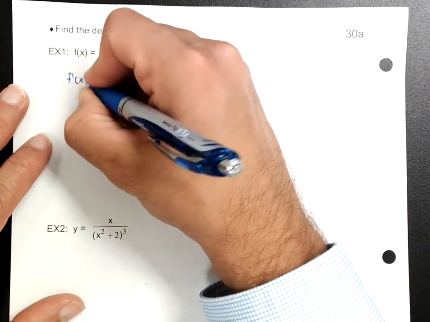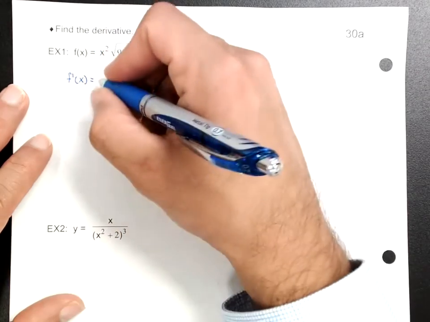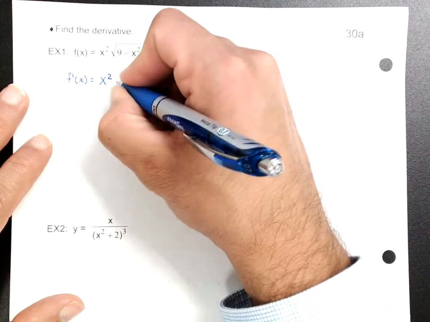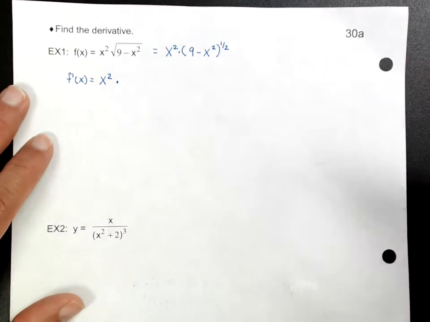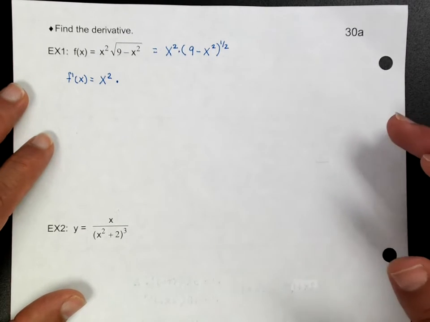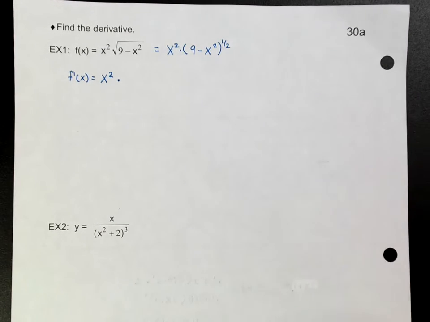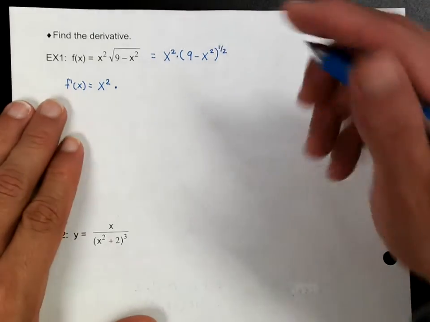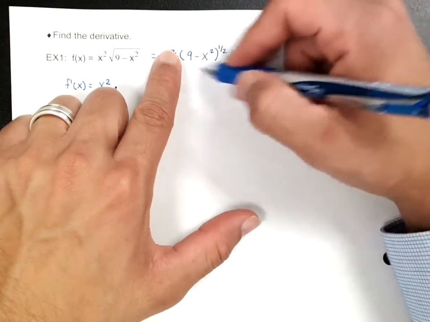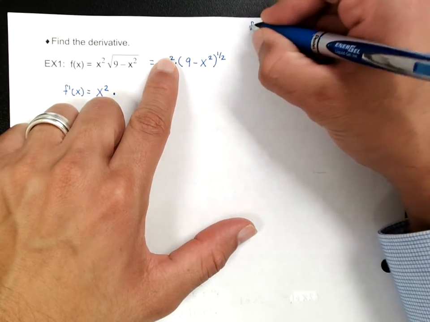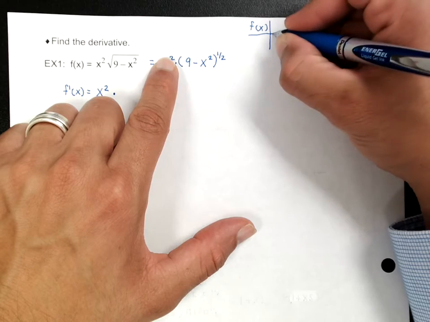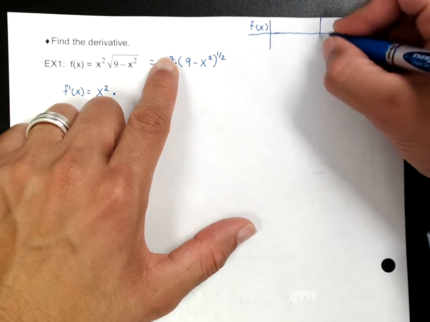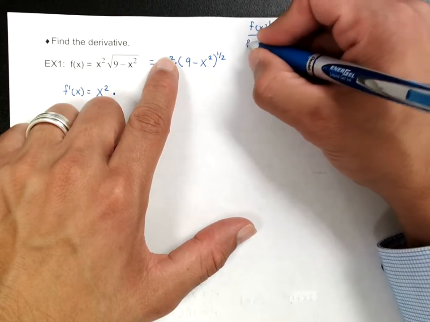So we have the first, which is x squared, times the derivative of the second. Now for the derivative of 9 minus x squared to the 1/2 power, I'm going to use the chain rule. So I'm going to write something over here to the side to make sure that I don't lose you. If I say that this right here is f of x, this helps some people, and if it helps you, you might want to write this down so you know which one's the outer and which one's the inner function, okay?